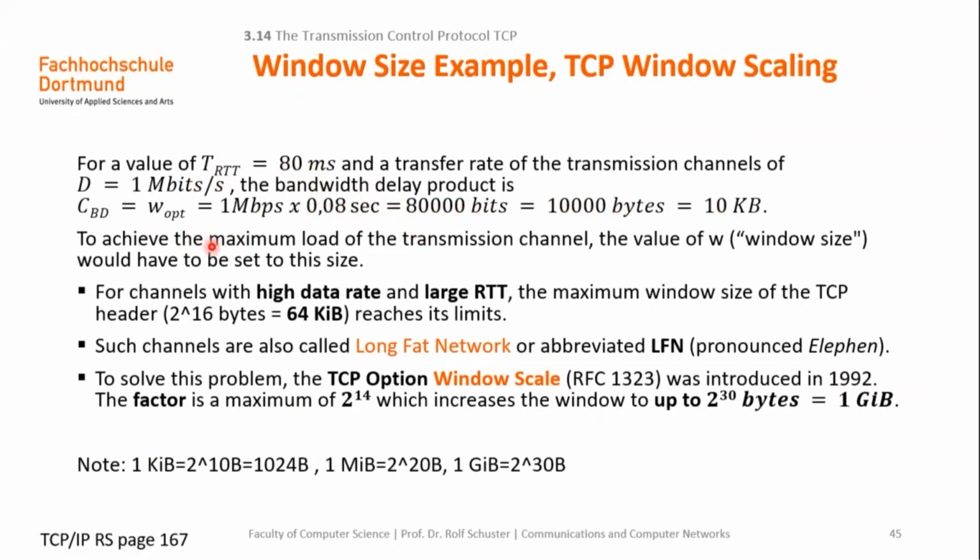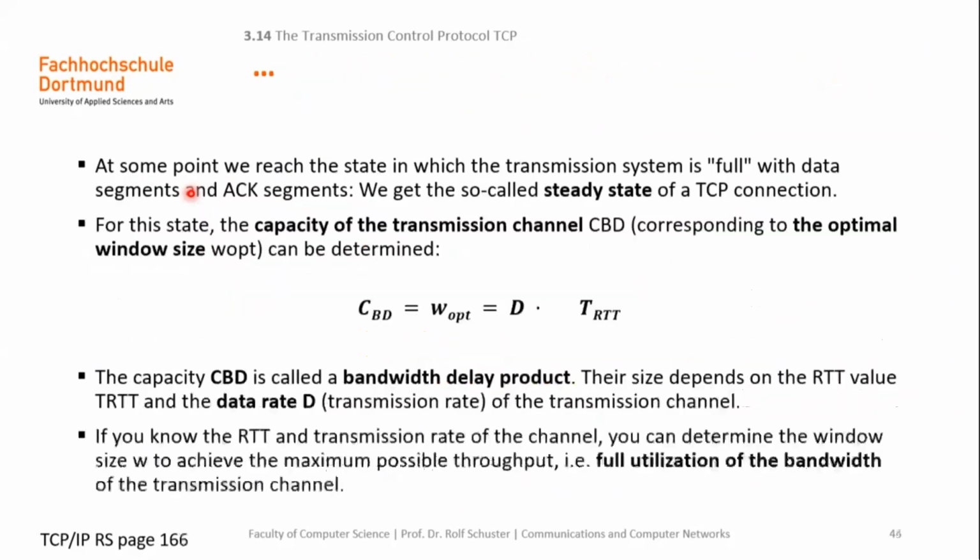And to achieve the maximum load of the transmission channel, the window size would have to be set to this size. That is, if the TCP connection could establish a window size of 10 kilobytes, this channel will be used fully.